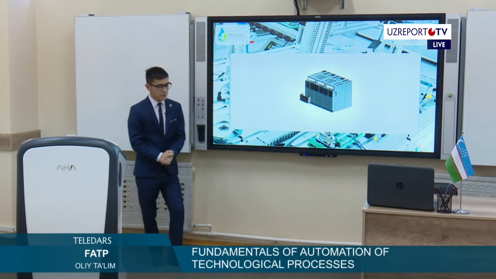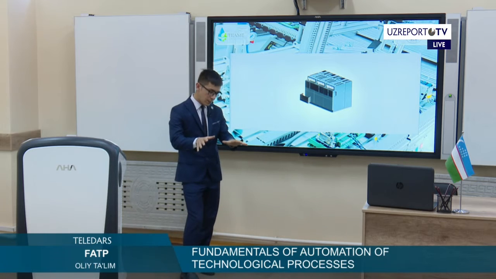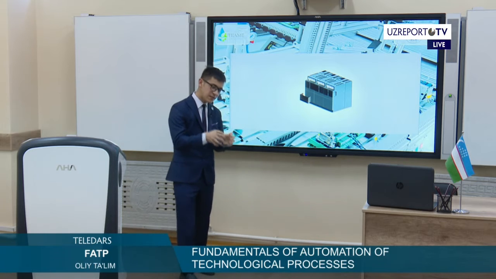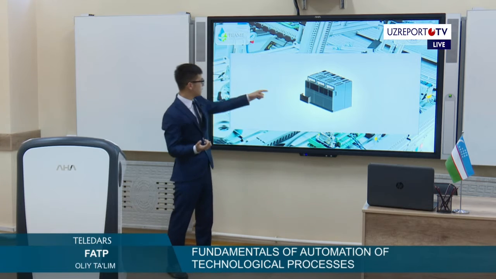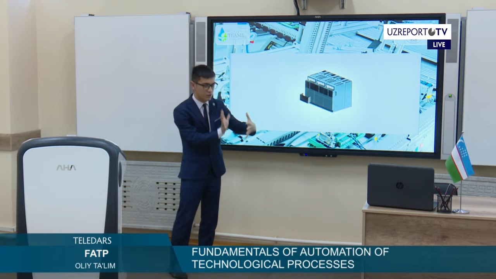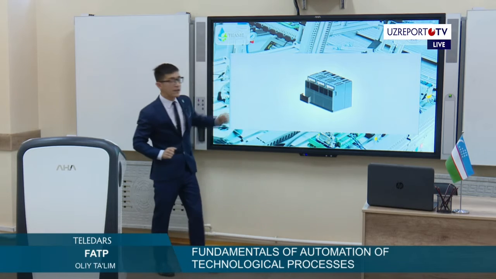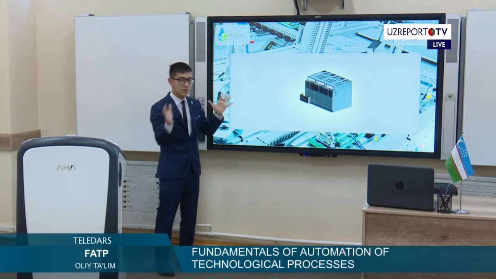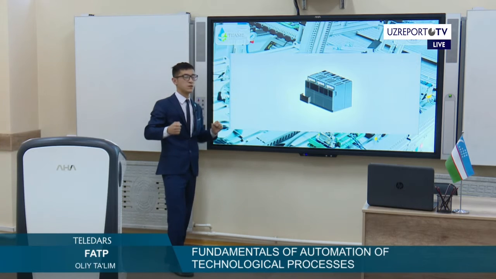In some situations, we have a lot of technological processes, but we can combine all of them in one set, in one controller. To do this, we just take several small controller pieces and join them into a single one. As I showed in this presentation, you make a small complex, and then you can use more devices to control.